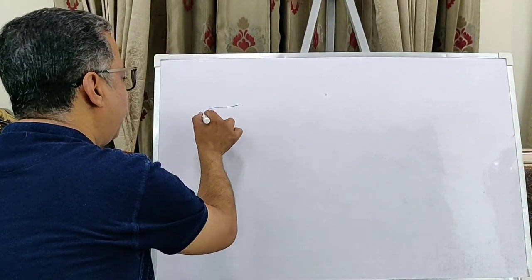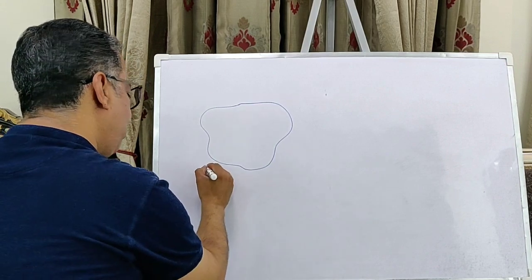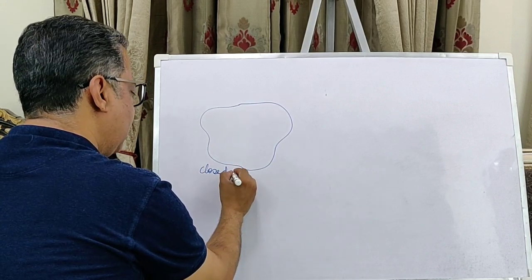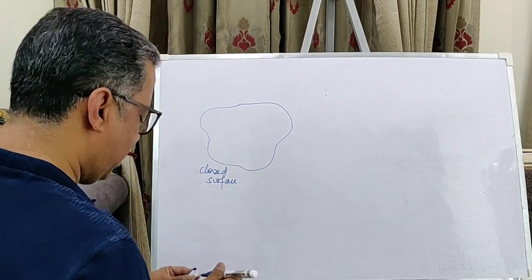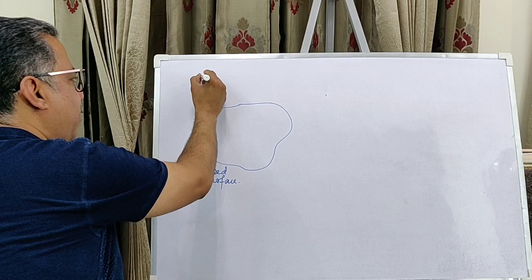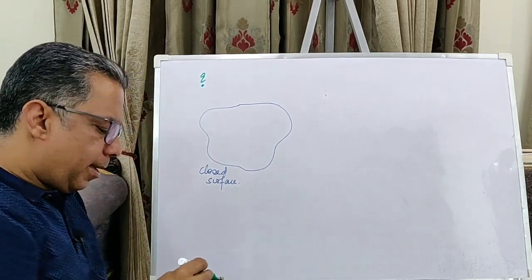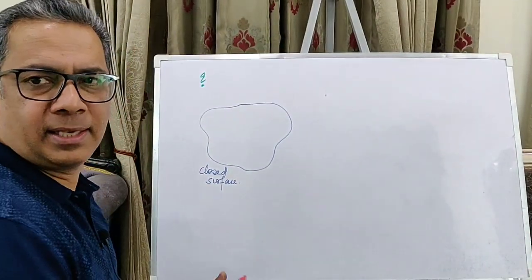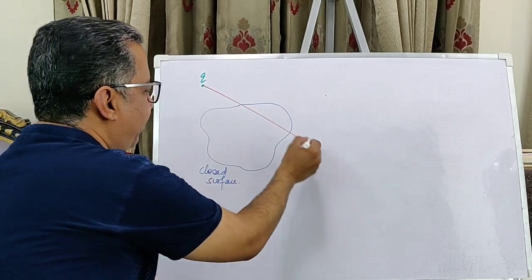So we have now another closed surface, and the charged particle that we are considering is kept outside it. Let's say the charged particle is kept here. With the charged particle here, if we are to calculate flux, life gets fairly interesting.